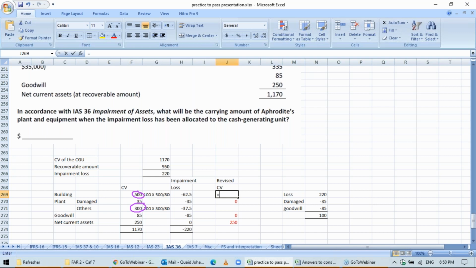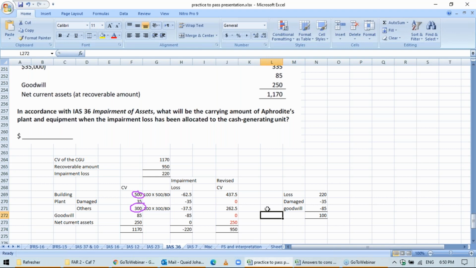And now 500 minus 62.5 loss, the building comes to 437.5 and the other plant is reduced from 300 to 262.5. And now see, the column totals will get 950. So they have reduced to 950.